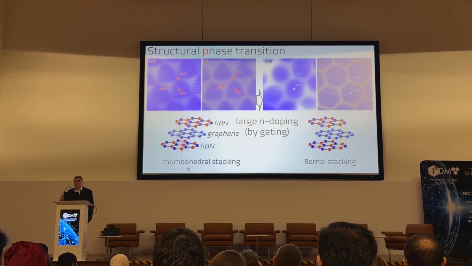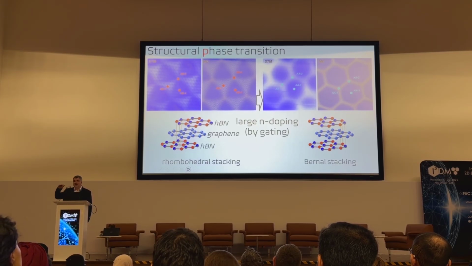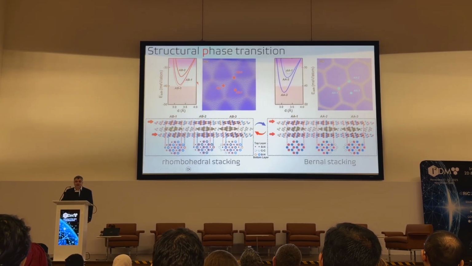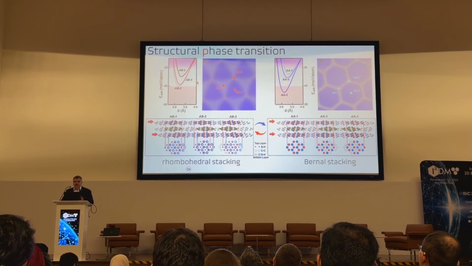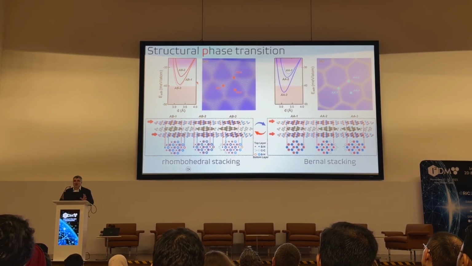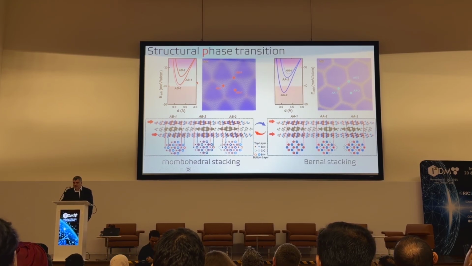Your Moire pattern, your reconstruction, is now hexagonal, and it corresponds to the ABA Bernal kind of stacking, but again, you have boron nitride instead of graphene. If you calculate the energy of those, I won't go into details, but basically your energy here is pretty much dominated by the energy of the largest reconstructed domain.